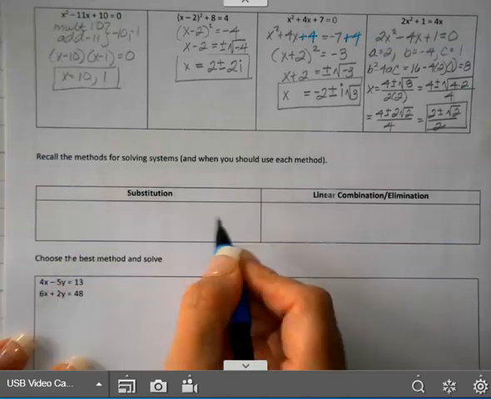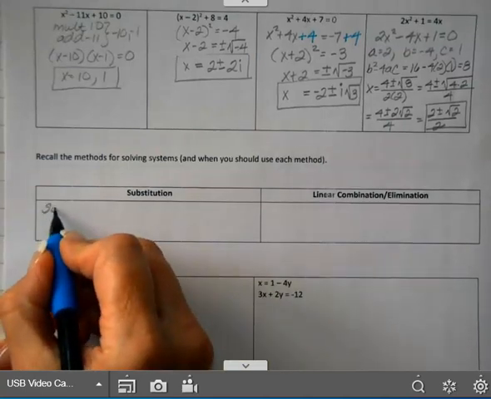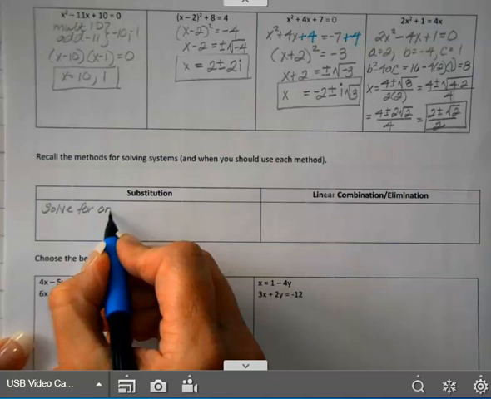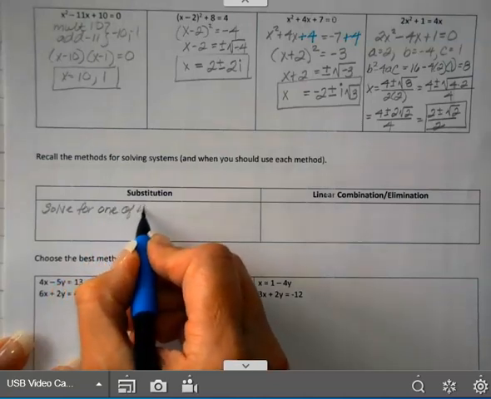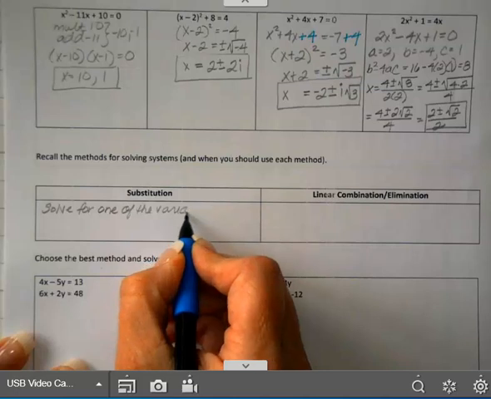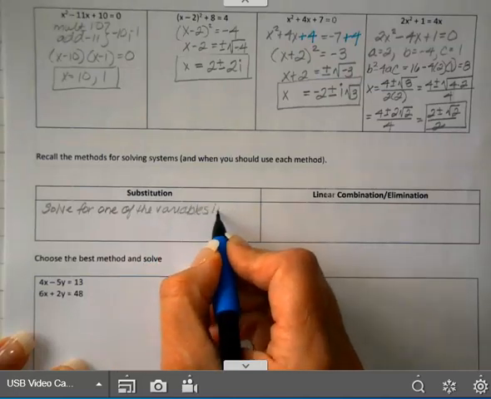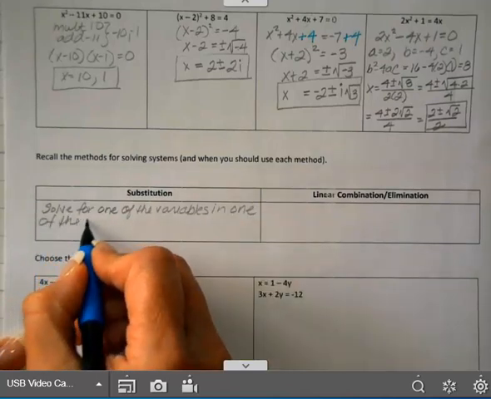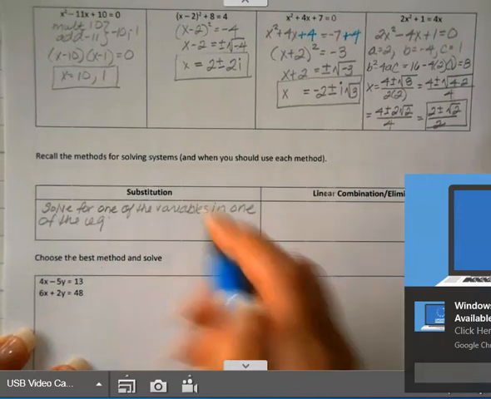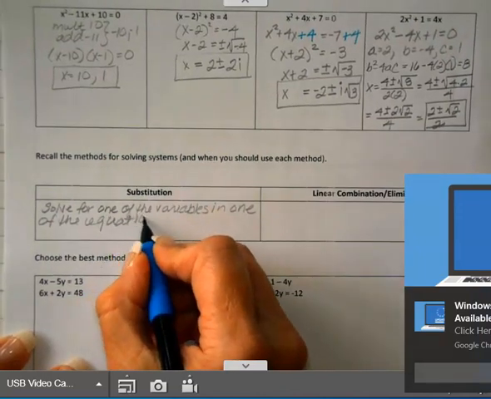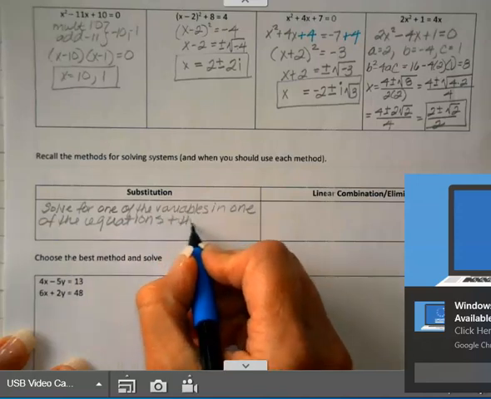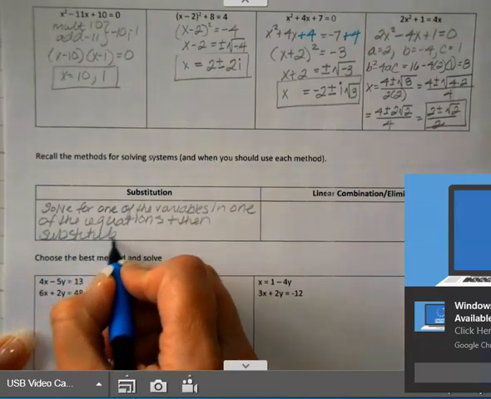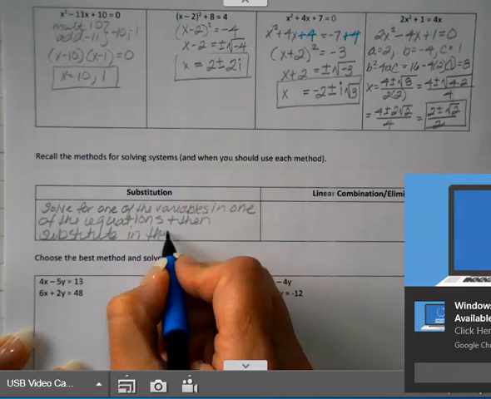And the method, how you substitute in, is you solve for one of the variables in one of the equations, and then substitute in the other equation.